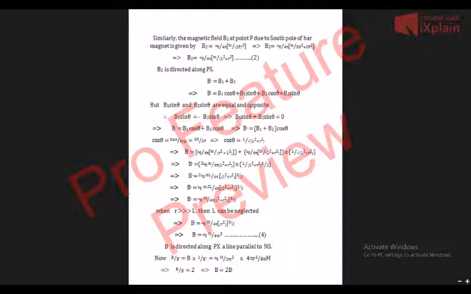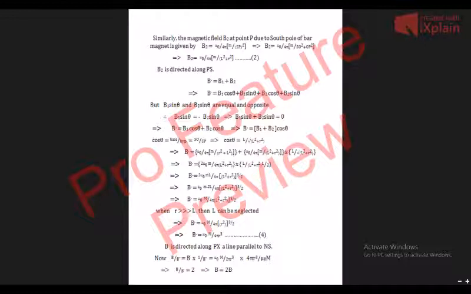This gives us B dash is equal to 2 mu naught m upon 4 pi (L square plus R square) into L upon (L square plus R square) raised to power 1 by 2. Instead of under root, we write power 1 by 2. So this will give us B dash is equal to 2 mu naught m L upon 4 pi (L square plus R square) raised to power 3 by 2.